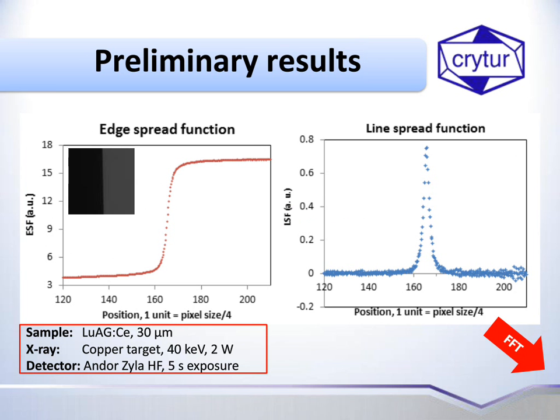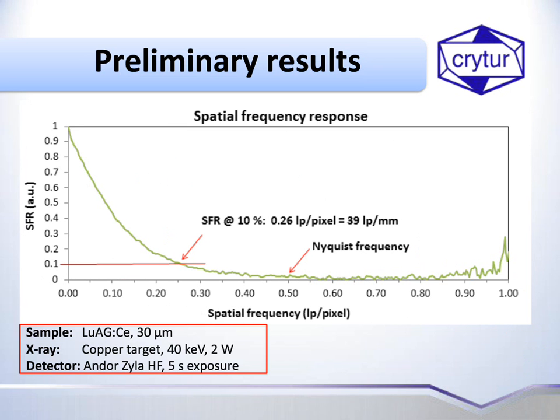By taking the Fourier transformation of the line spread function, as I said, we received the spatial frequency response. On the x-axis is the spatial frequency, and on the y-axis is the contrast, as I pointed out.